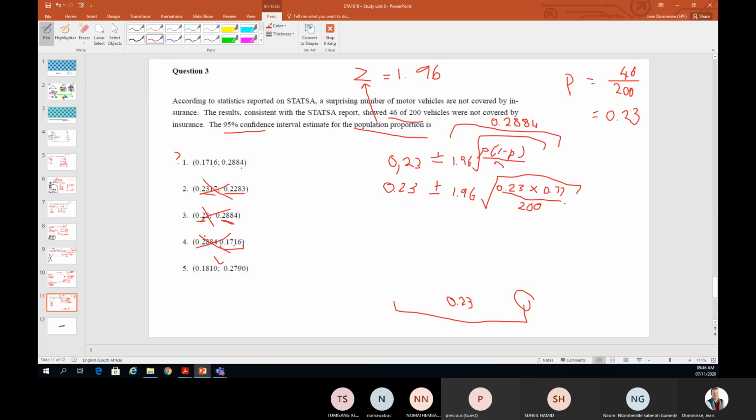If I multiply that by 1.96, I get, okay, wait, 0.0583. Okay, so that was not the one that I was actually looking for.